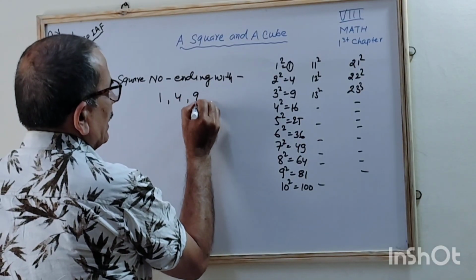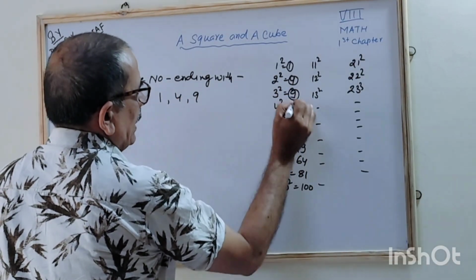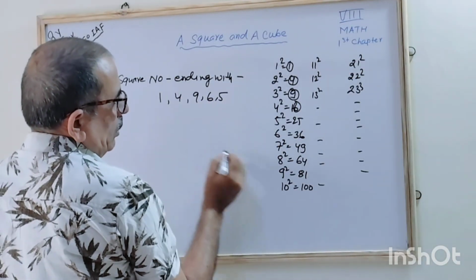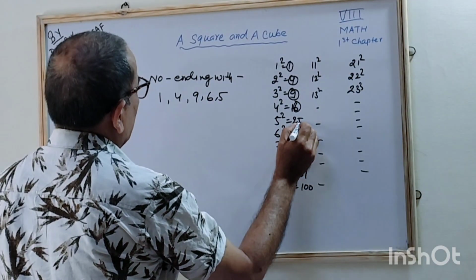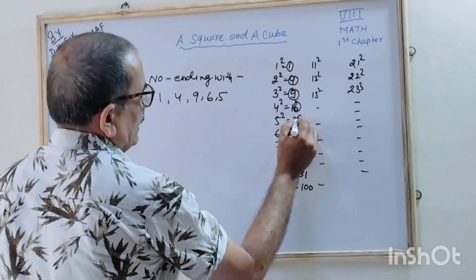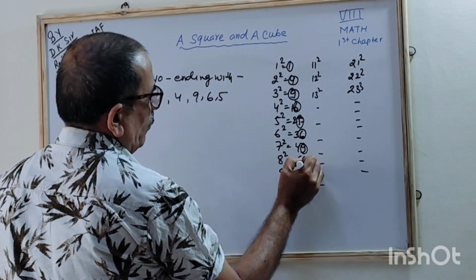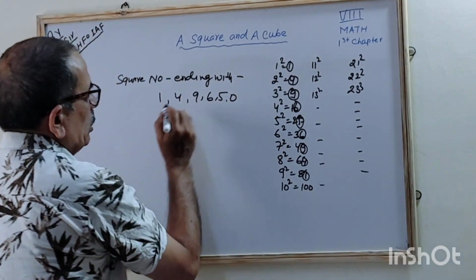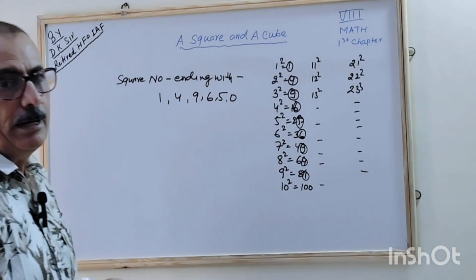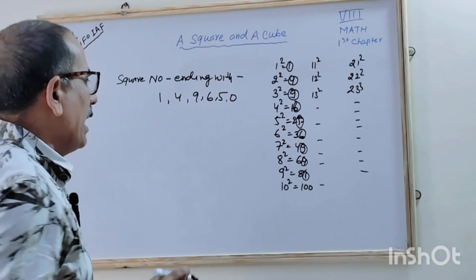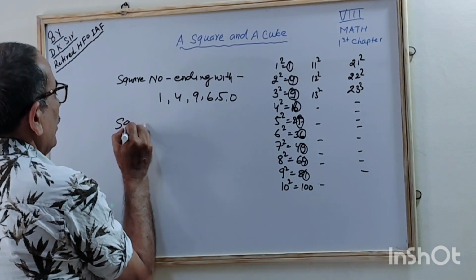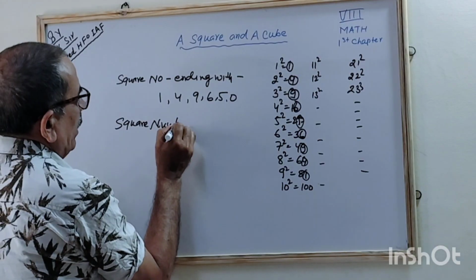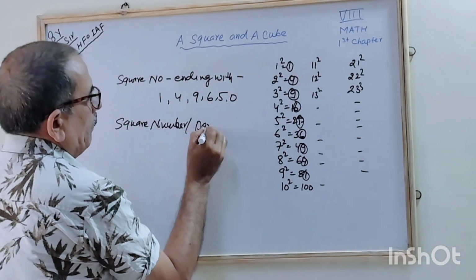It is 9, correct? 4, 9, 6, correct? 9, 6, 5, correct? So there is a repetition. Can you see? 5 is there, a repetition, 6, 9, 4, 1, and you get 0, correct? So all these numbers are repeated. You can say the square number or you can say the perfect square.